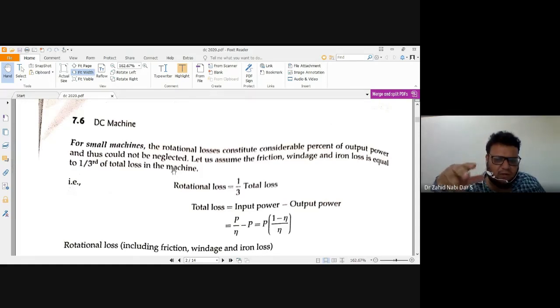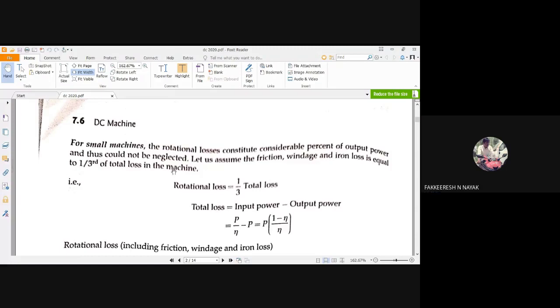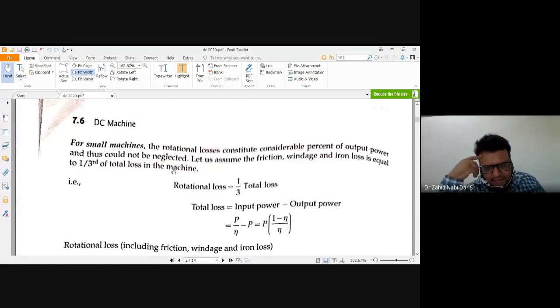Apart from the rotational loss, what loss do you encounter? Core losses, nice, and copper losses also in the winding. Hysteresis losses. Core losses and iron losses are one and the same thing.